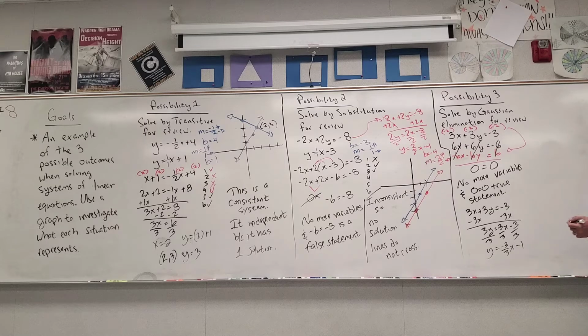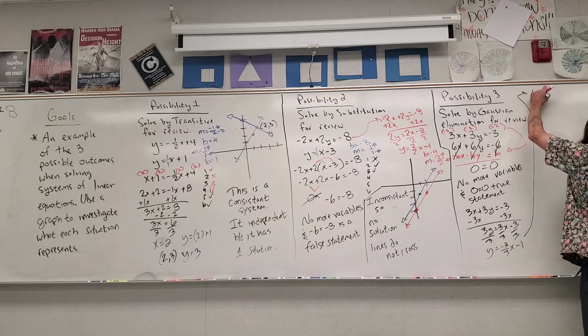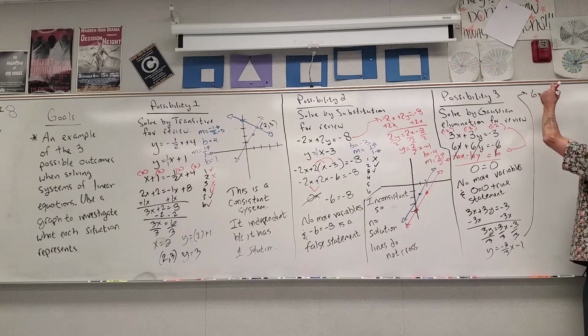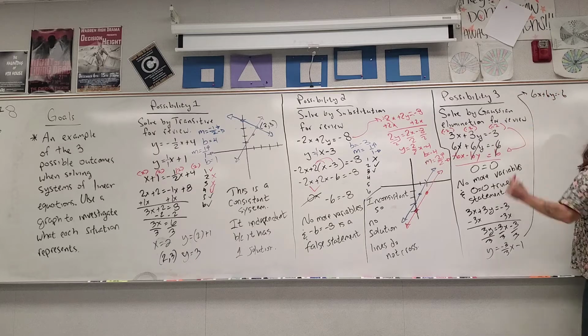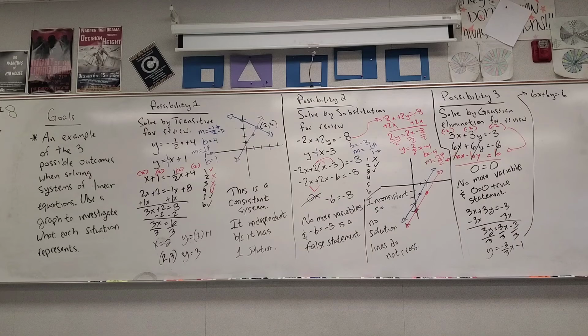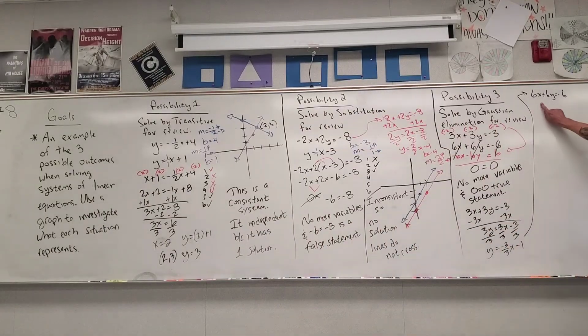All right, let me rewrite the second equation. I'll do that up here. 6x plus 6y equals negative 6. And let me double check and make sure I'm still on this whiteboard here. Just barely on. Okay, so again, I'm going to solve for y here, so I can get it in slope-intercept form.